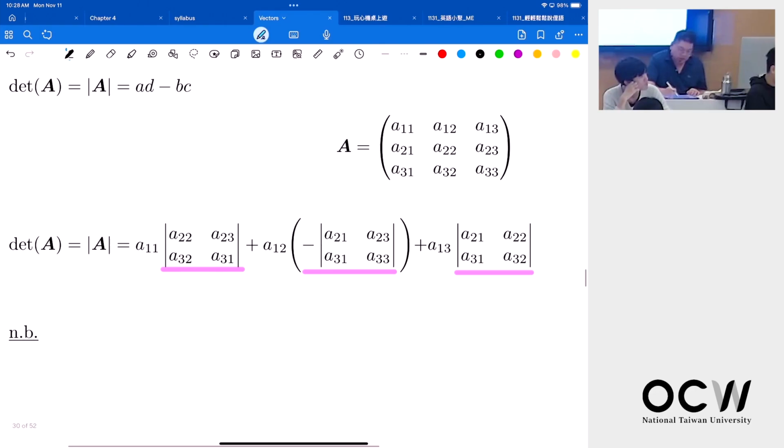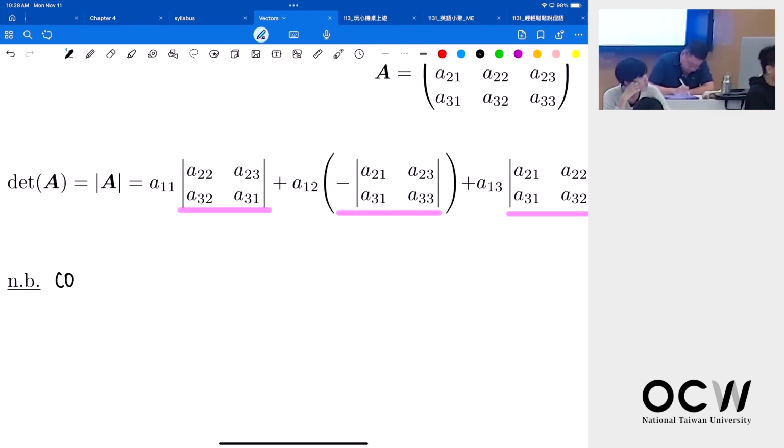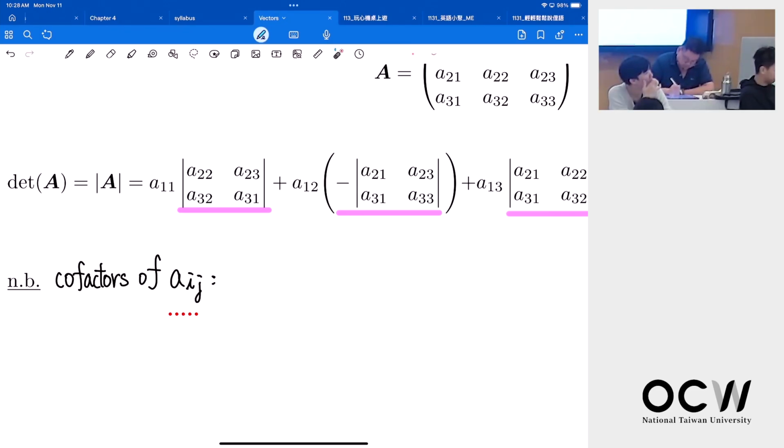This is called the cofactor of Aij, A1,1 for example. Then we say this is Cij, same subscript. How do I define this C?